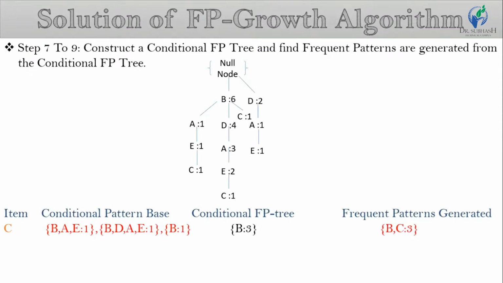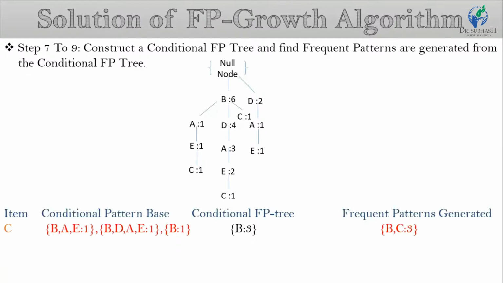Therefore, considering C as suffix, the prefix paths will be B, A, E, and their count is 1; then B, D, A, E, and their count is 1; then B, and their count is 1. Meaning in three branches, C's count is 1. So this forms the conditional pattern base. So our answer is B 3, because only one item crosses the minimum support.